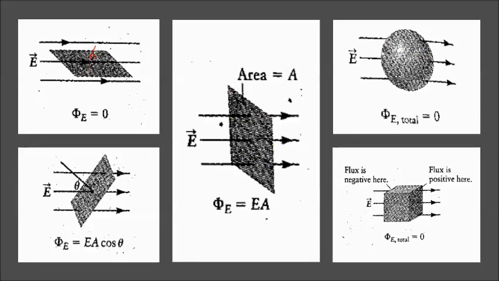From the electric flux formula, electric field times area multiplied by cosine of an angle, the angle between the line perpendicular to the surface and the direction of electric field is 90. What is cosine of 90 degrees? Cosine of 90 degrees is 0. So once you multiply 0 by any value of electric field and area, the electric flux becomes 0.